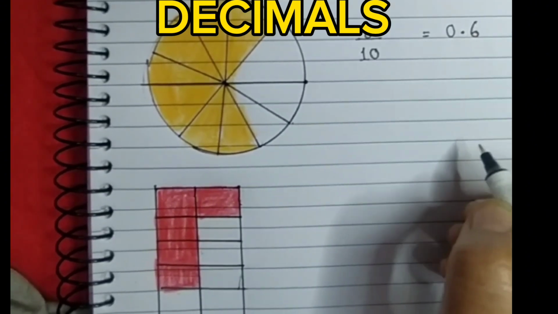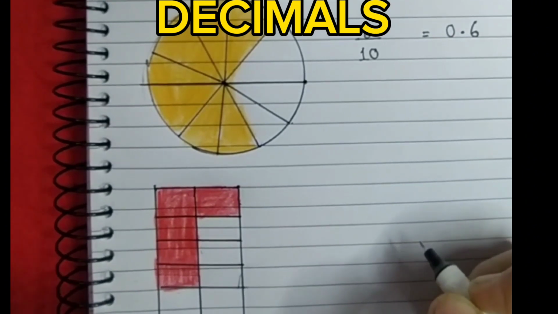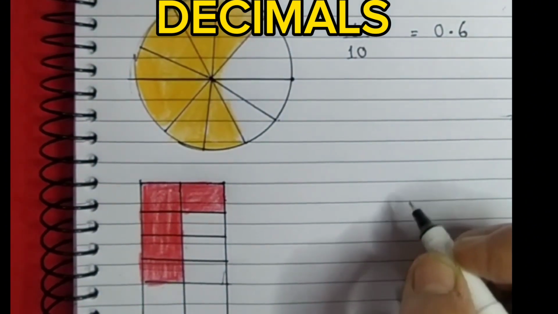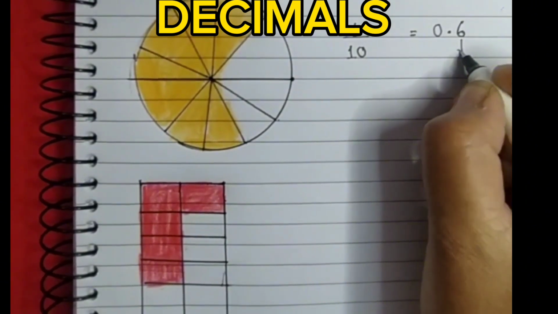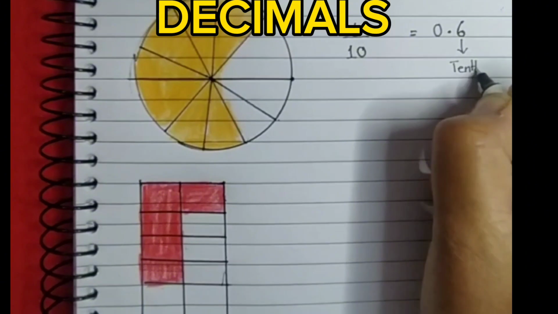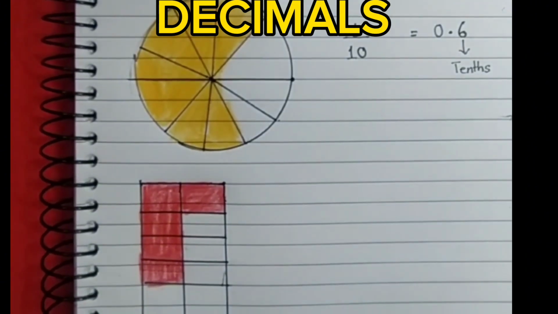And as I have already explained, the number that you see after the decimal point, what does it stand for? It stands for tenths. So if you're going to write this as a decimal, your answer would be 0.6.